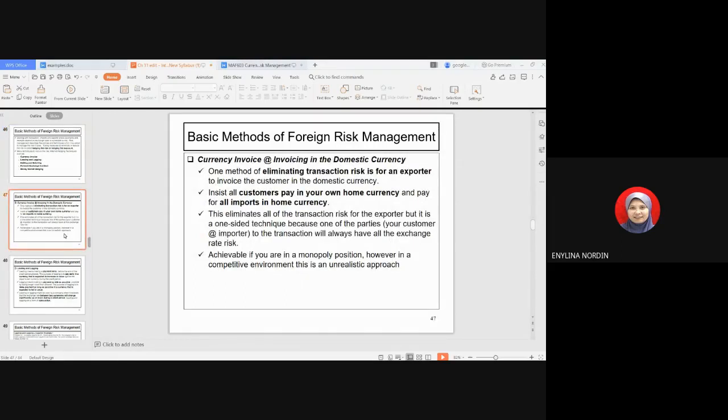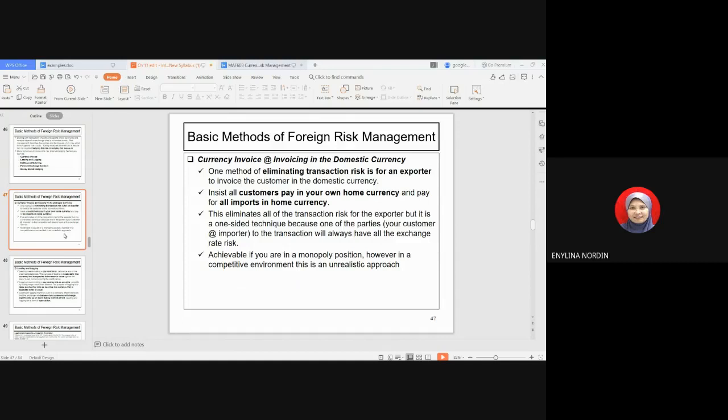This is where the company arranges for the contract and the invoice to be issued in home currency. This will shift or pass all the transaction risk from your company to the other party. The objective of this strategy is to eliminate the transaction risk by transferring the risk to the foreign supplier or the foreign customer.